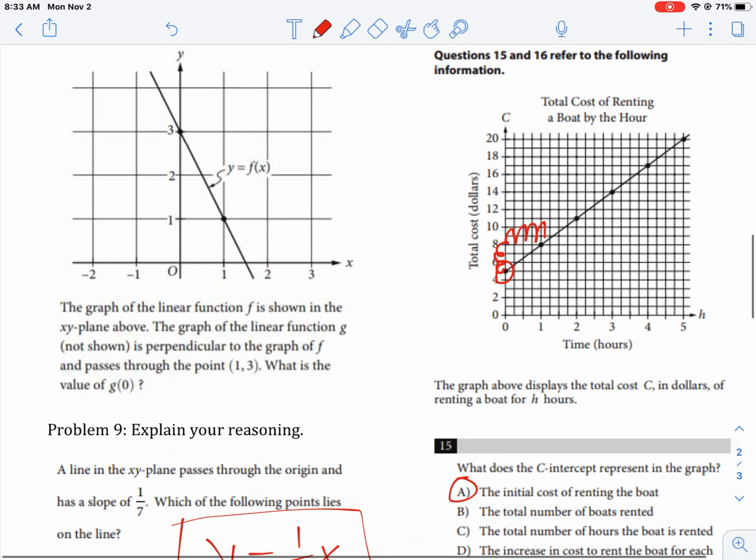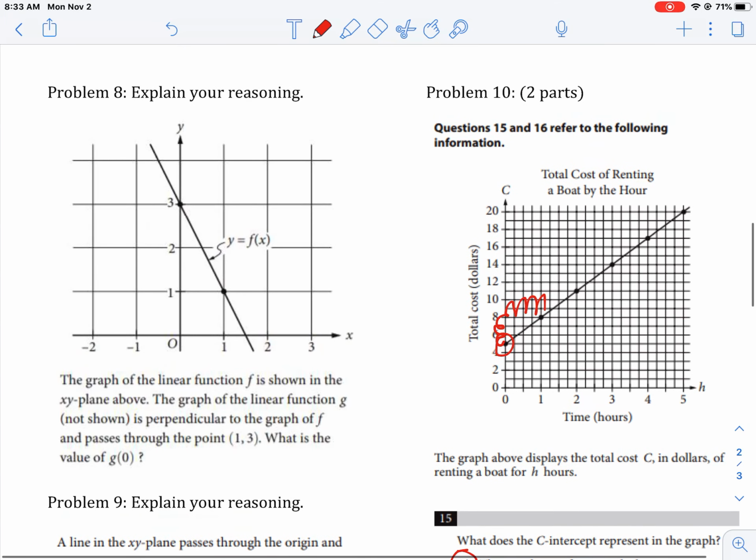All right, now to problem 8. This is the one people don't like the most. They give you this graph of f of x. The graph of the linear function g is perpendicular to this and passes through 1, 3. What's the value of g of 0? So it's a lot. What are they even asking? They give you a line.